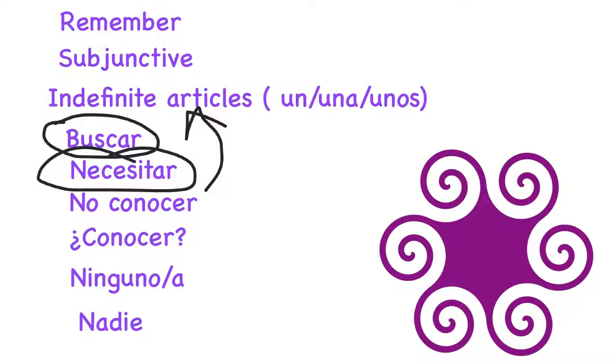If you see conocer in a question, you're going to use the subjunctive. And there are also other words that are related to the subjunctive, like ninguno o ninguna o nadie. They're negative. They mean that this person doesn't exist. Nobody, none.